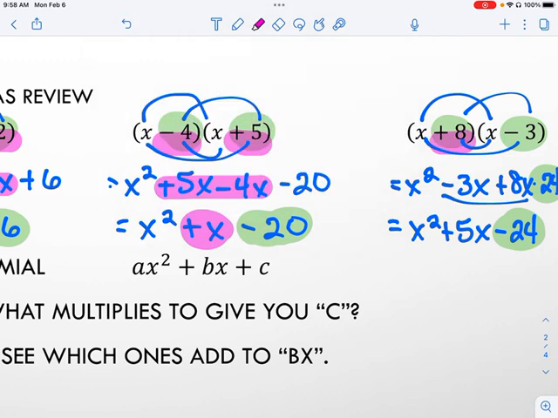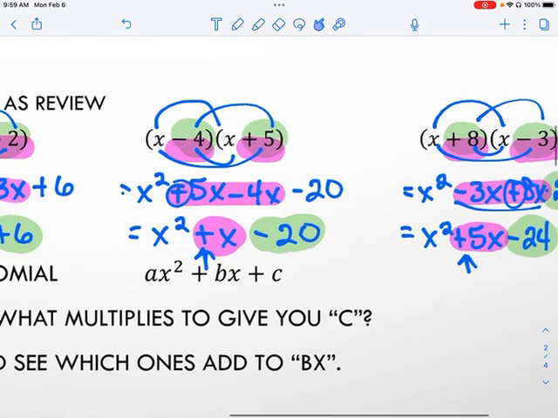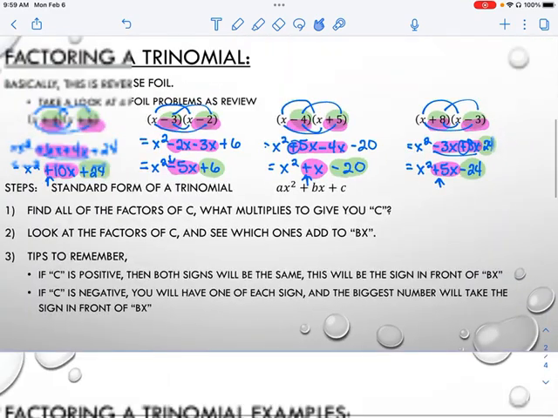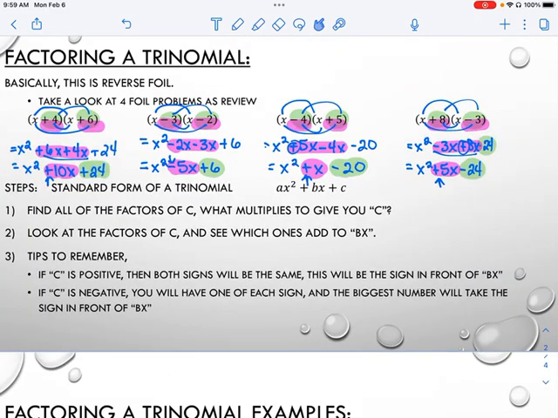Also, since my signs are different, I'm adding them, and that gets me positive 5x. Also, notice that the sign in the middle, in front of the bx term, goes with the larger of the two factors. So when you look at those things, that's what we're going to be doing when we go in reverse of FOIL. So we're going to be using those techniques to reverse FOIL problems.